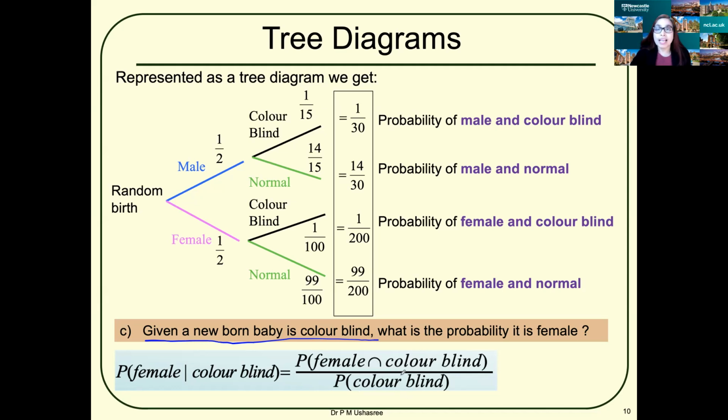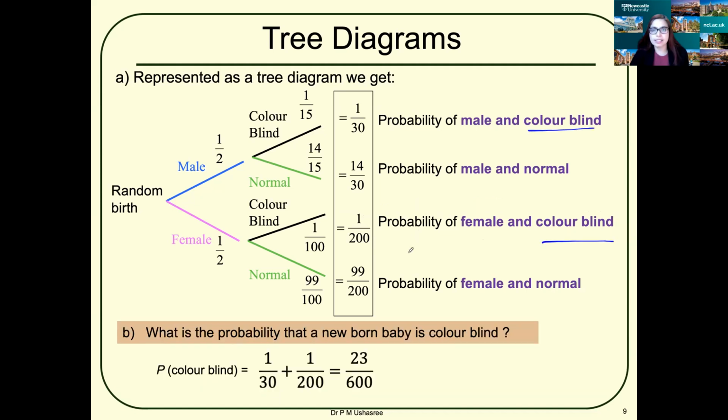So what is female and colorblind? That's here. And what is the probability that you pick a colorblind baby? You already calculated it, that was 1 over 200 plus 1 over 30. That is this.